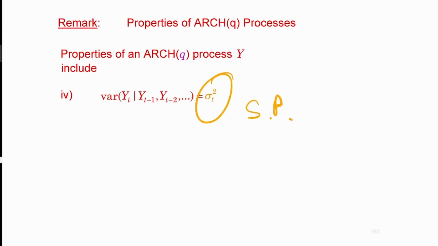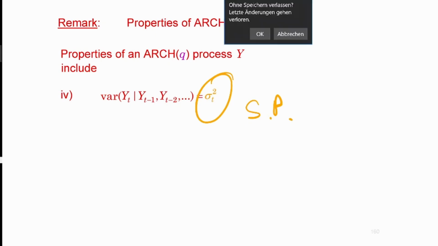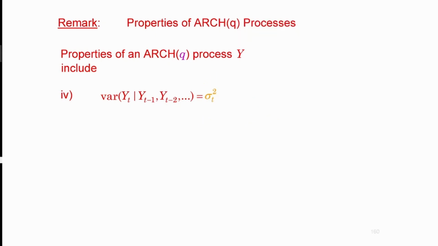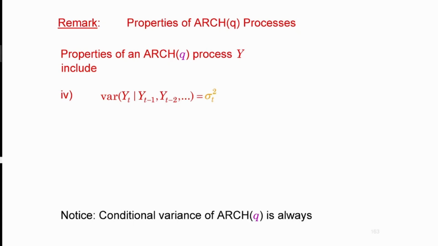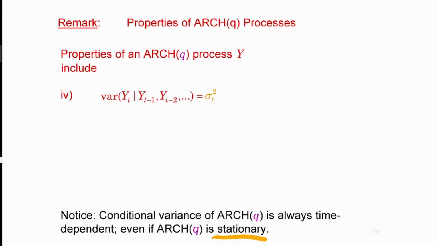All right, so that is interesting. So no matter what, even if the process is stationary, guys. That's what I'm trying to explain here. This is a very important note, by the way. The conditional variance is going to be time dependent no matter what, even if the process is stationary. But keep in mind, guys, stationarity does not require the conditional variance to be time independent. It only requires the unconditional variance to be time independent.